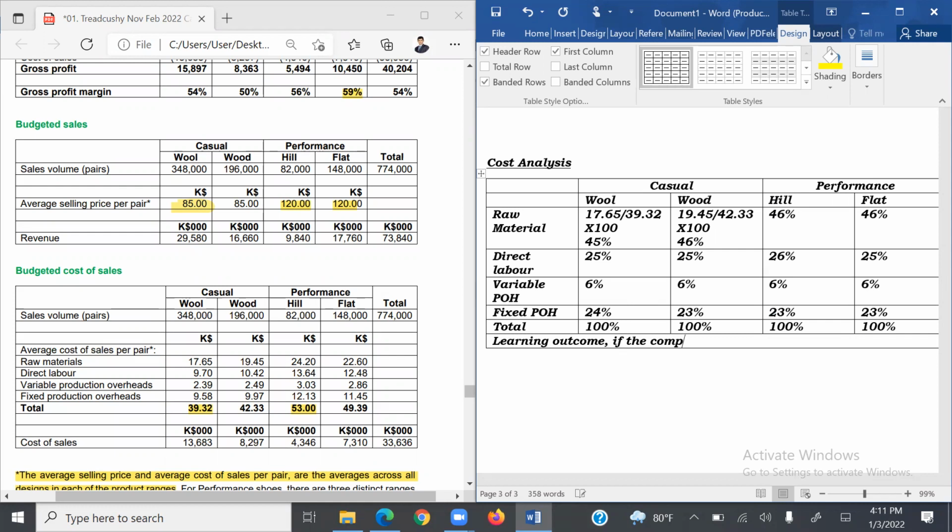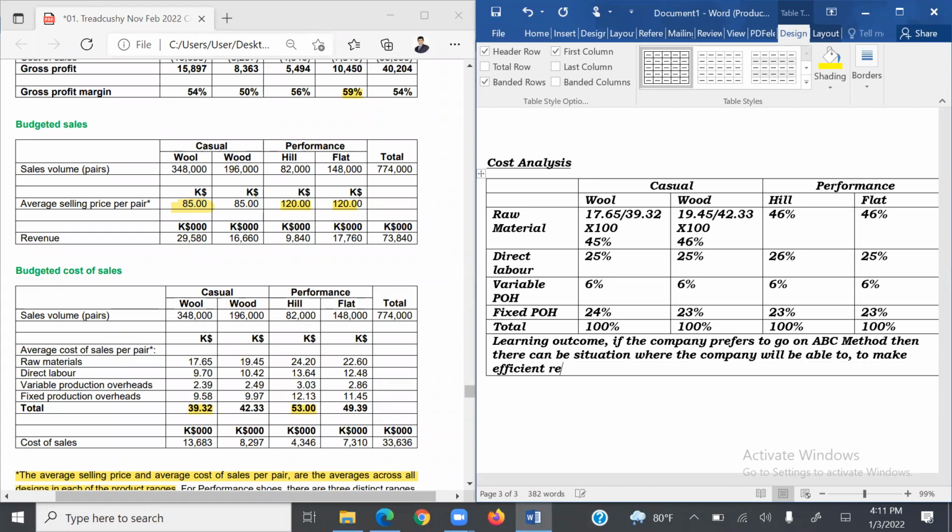If the company prefers to go on the ABC method, then there can be a situation where the company will be able to make more efficient resource allocation. Students, get that point of view. Most efficient resource allocation.